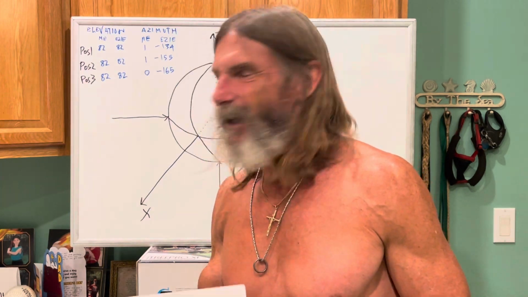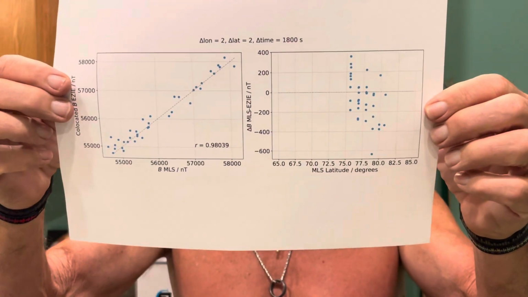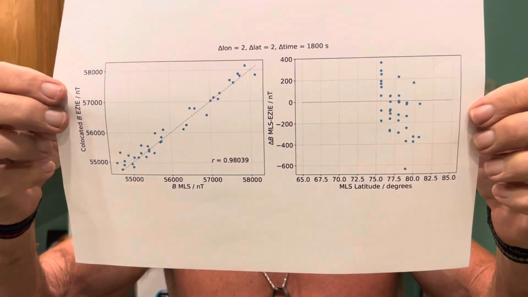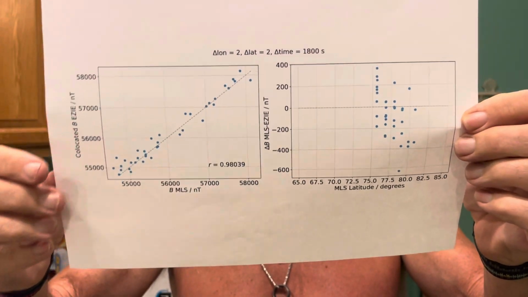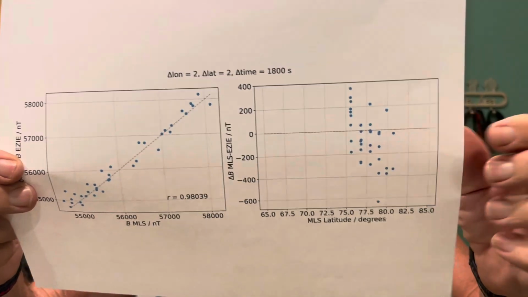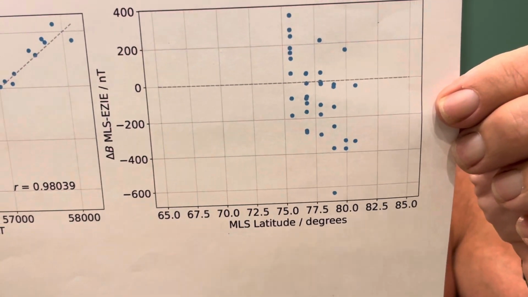I don't know how much of this you can see because I'm just kind of winging it here, but here's a comparison between MLS and the EZIE retrieval. On the right here's the total field, so pretty good correlation. Over on the left here are the differences as a function of latitude.